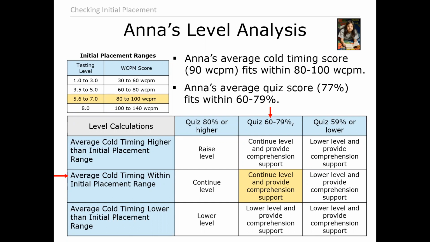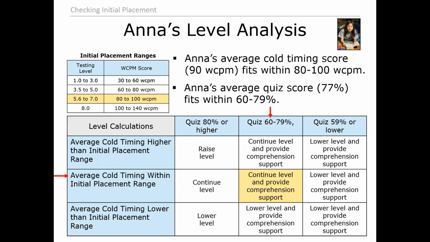And these two pieces of data meet in that shaded cell that says continue level and provide comprehension support. Now remember, comprehension scores between 60 and 80 are a signal to the teacher that a student needs targeted comprehension instruction to reach 80% or more. Otherwise the student can't continue to work in the level, but we're going to allow it now.